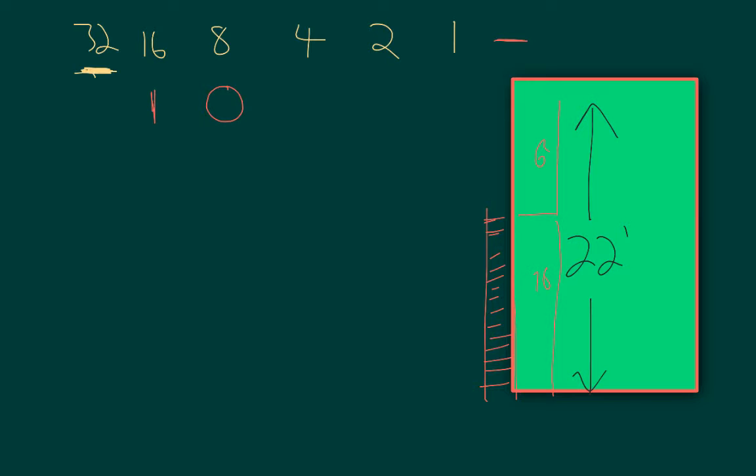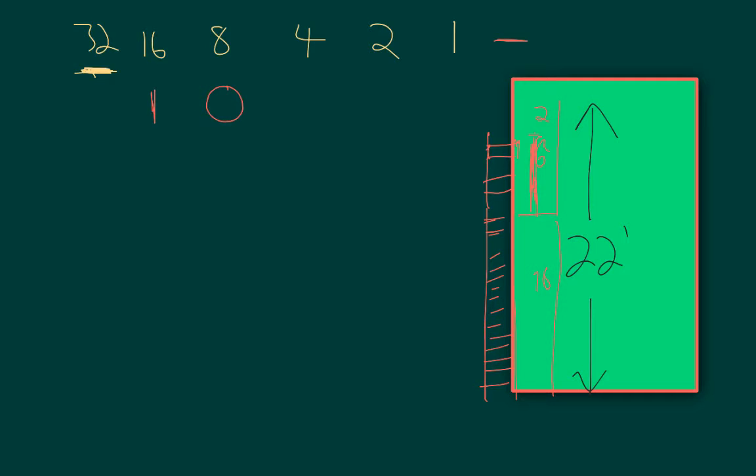Can I use a 4-foot ladder? Sure. I can stick a 4-foot ladder on here. 1, 2, 3, 4. So I had 6. I went up 4, which leaves me just 2 to go.